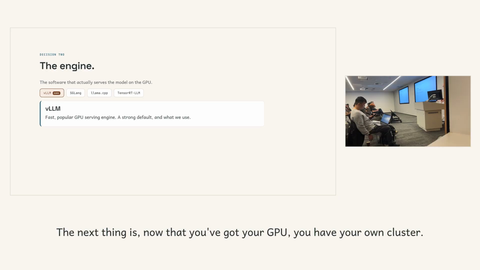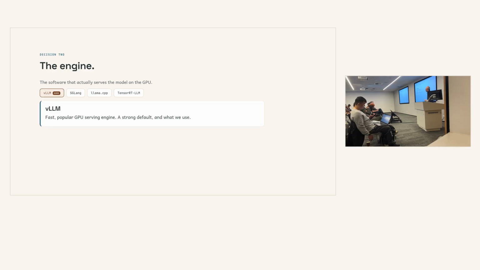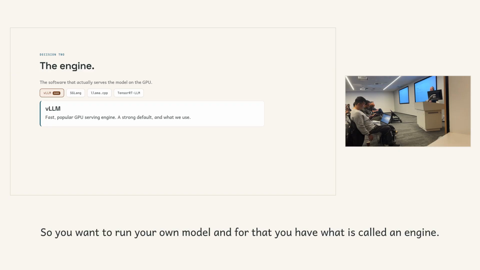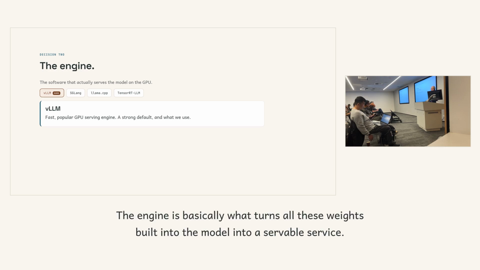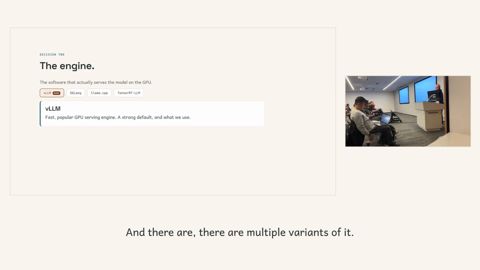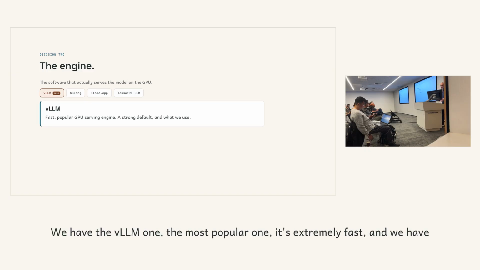The next thing is, now that you've got your GPU, you have your own cluster, and you've also picked a model. So you want to run your own model, and for that you have what is called an engine. The engine is basically what turns all these weights built into the model into a servable service. And there are multiple variants of it. We have vLLM, the most popular one.